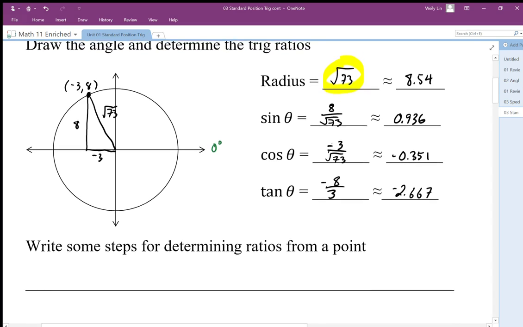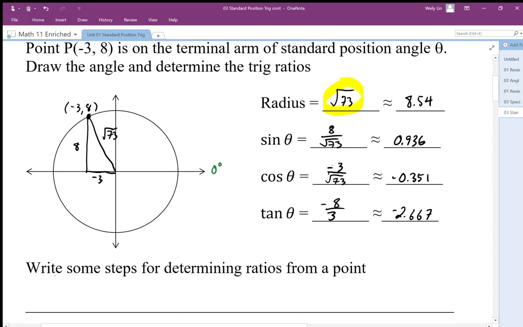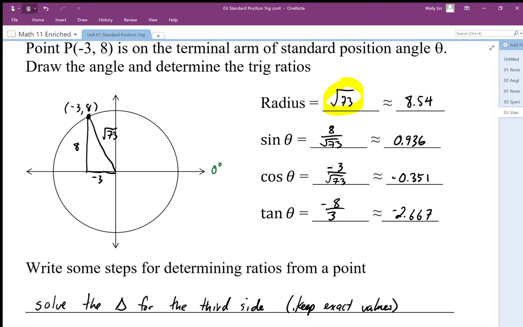So determining ratios from the point, we're going to first of all solve the triangle for the third side. And we keep exact values. What that means then is we're going to use these exact values instead of the decimal values.